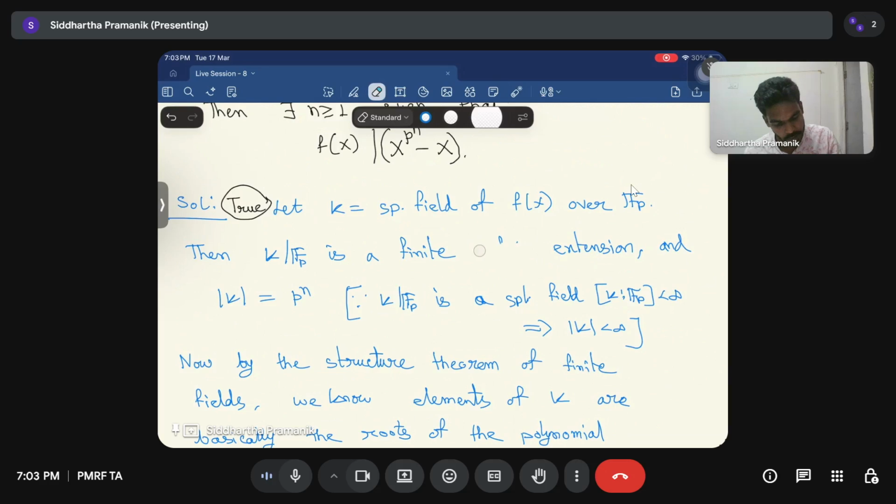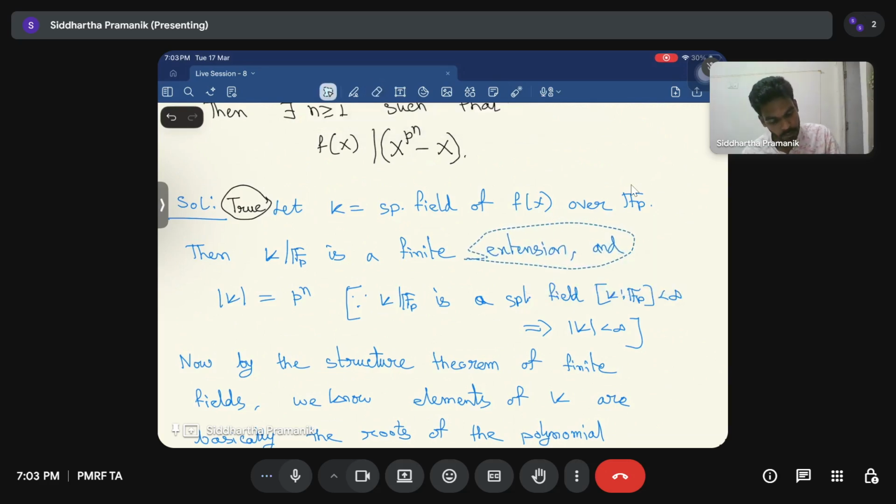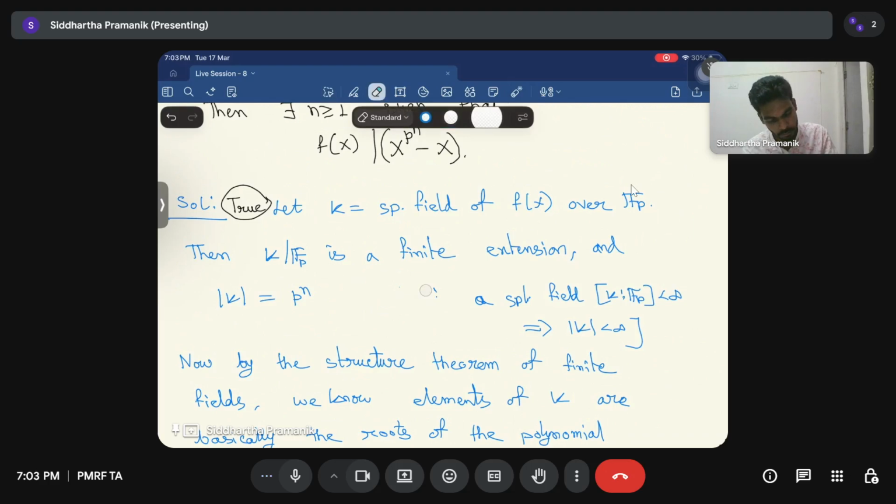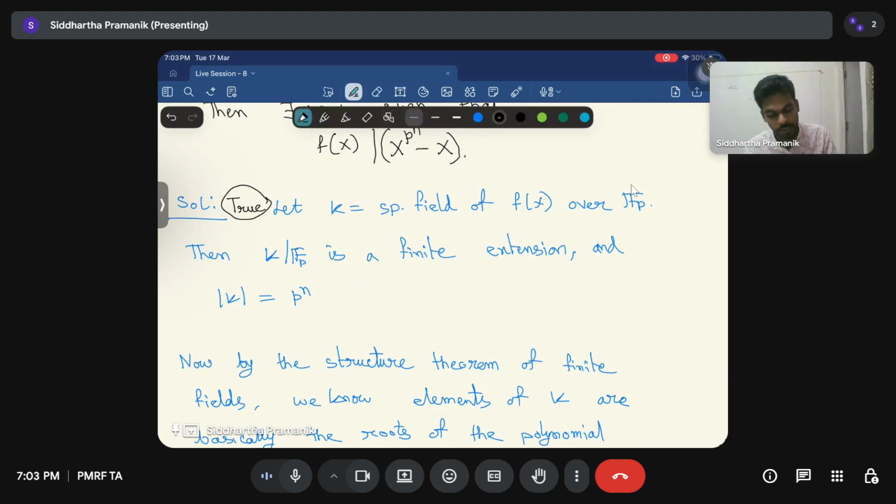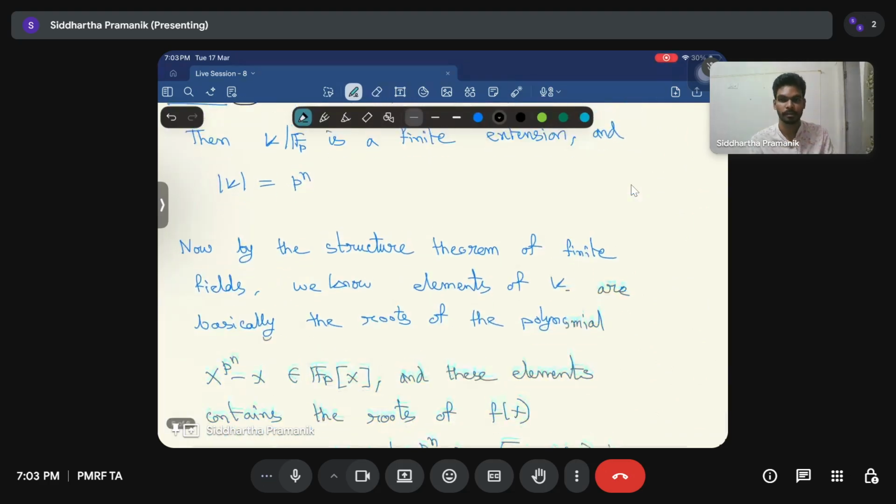Let's erase this word. Okay, so we can remove this also. So we just need the structure theorem of finite fields.